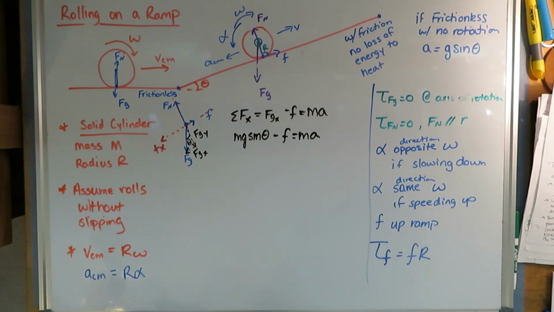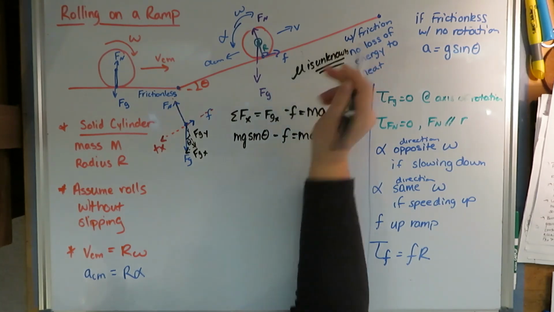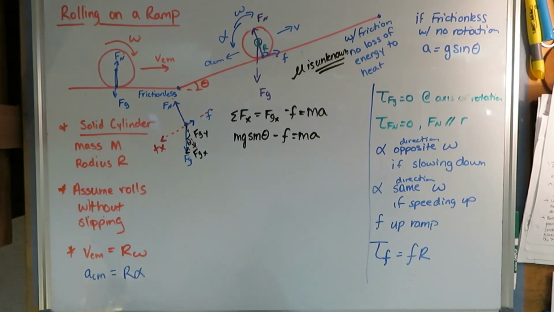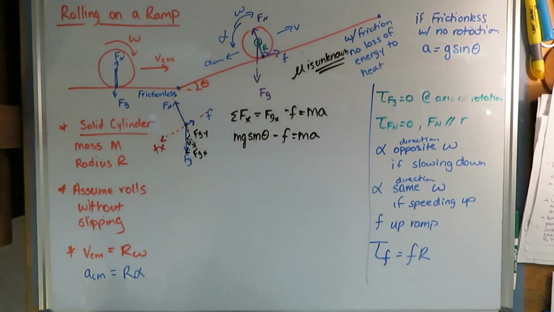Now, in this case, we do not know the coefficient of friction. So mu is unknown, and it's usually unknown in these cases. It is technically a coefficient of static friction, because remember, we assume that there's only one point of contact, so it can't slide.